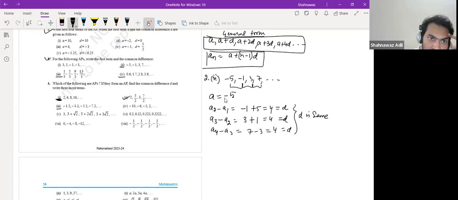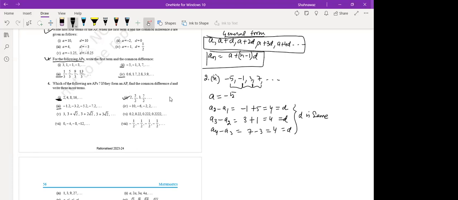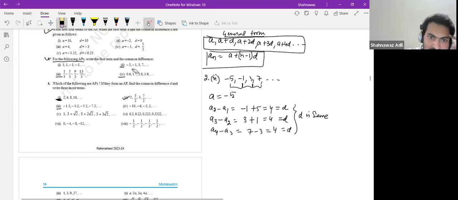Oh, sorry. It is already given that it is an AP. We don't need to prove that this is an AP, right? So one is enough, right? Yeah, one is enough. I thought they wanted us to prove this is an AP, but it is given that for the following AP, it is already given that this series is an AP.